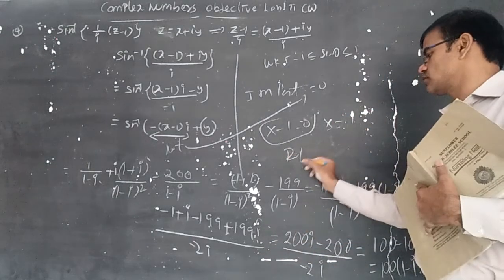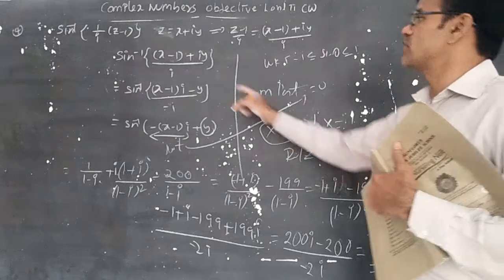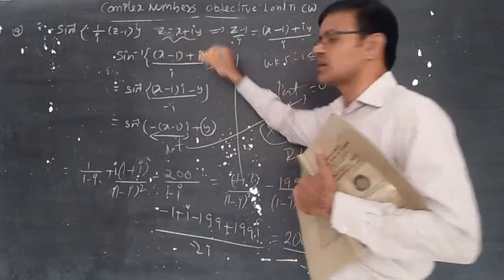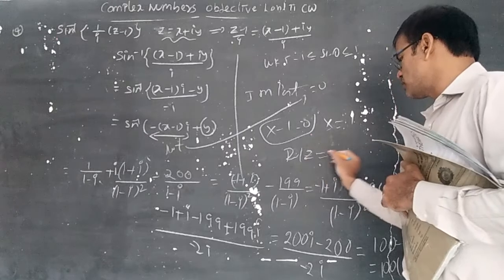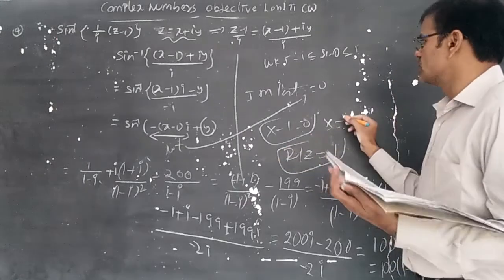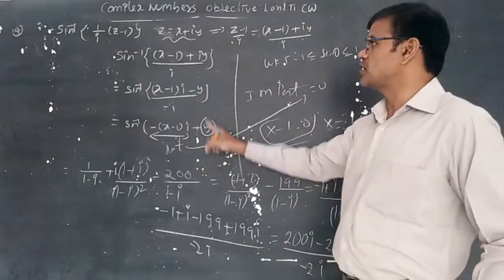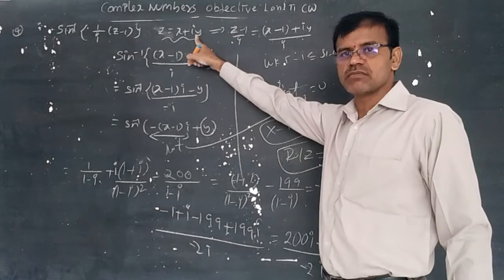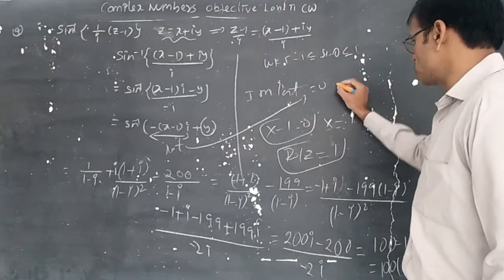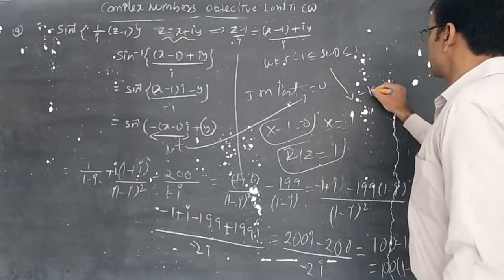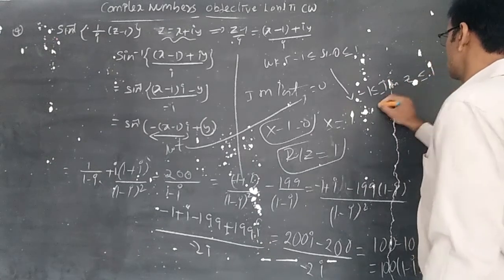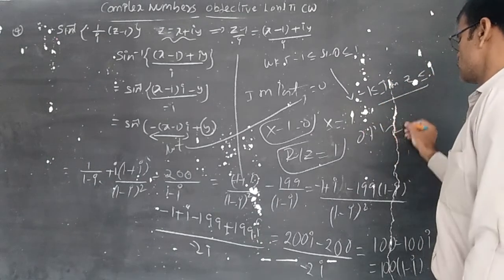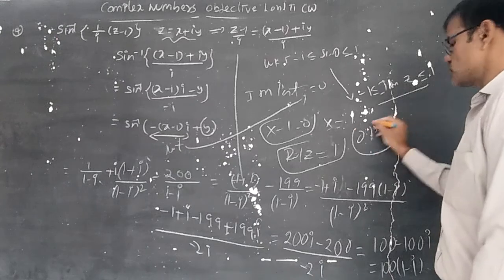Whenever x is equal to 1, x plus iy is the complex number we have taken as z, real z is equal to 1, you write. And what is the value of y here? For the complex number, it is the imaginary part. So that implies minus 1 less than or equal to imaginary z, meaning y, less than or equal to 1. So option 2 is verified.